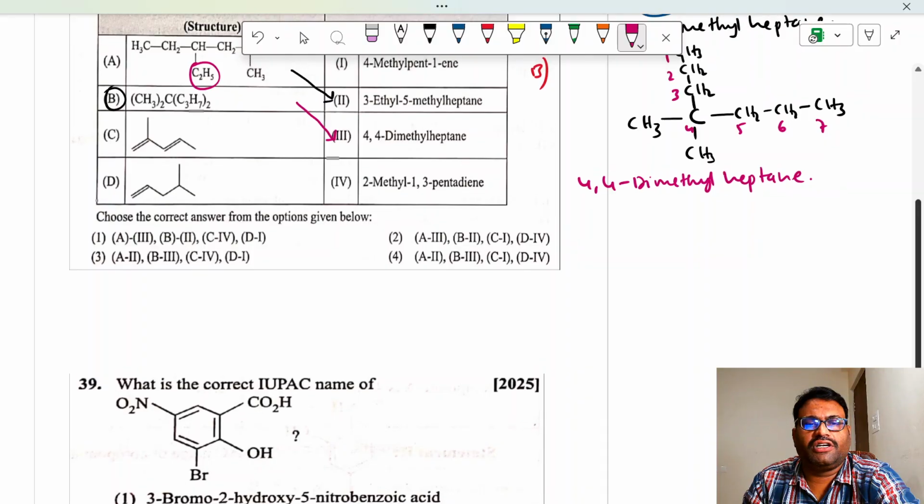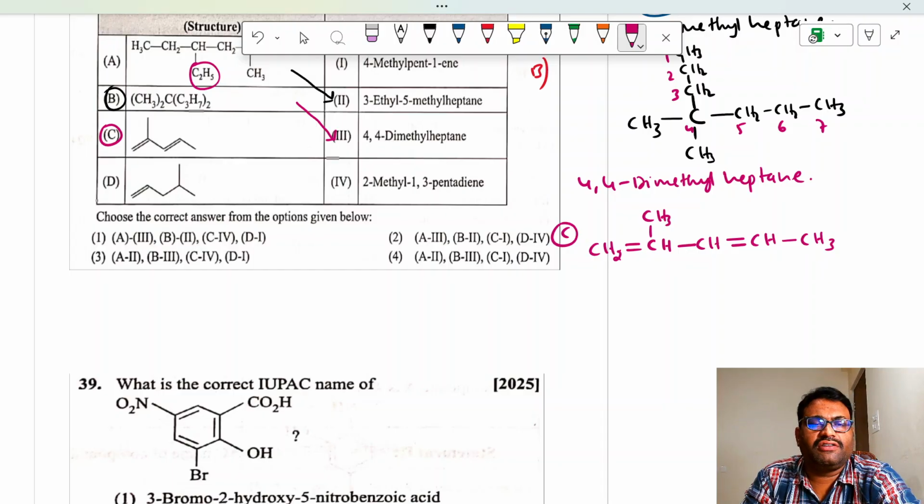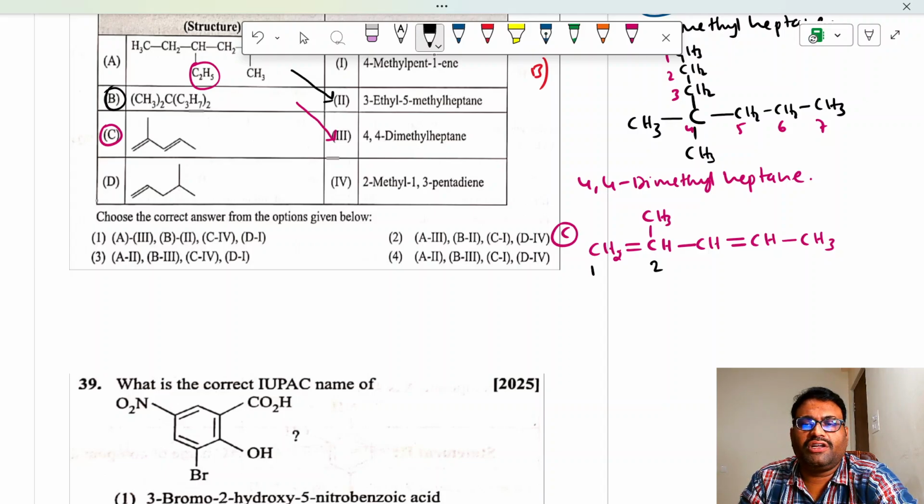Next, coming to the third one, C. CH2 double bond C, right? CH3, CH, CH double bond CH, CH3. When the structural formula is written, you write it in this way. Now you have to number it. When numbering, you start from here because the double bond gets the least position. 1, 2, 3, 4, 5.